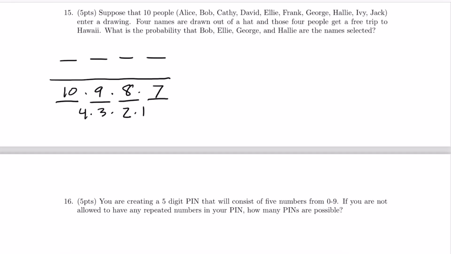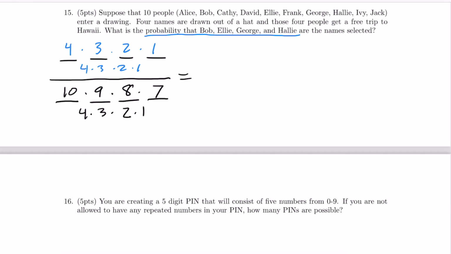Then if I specifically want to find the probability that I choose Bob, Ellie, George, and Hallie, I could choose any one of them to be the first person, any of the 3 remaining people to be the second, and then 2 and 1. And again, the order doesn't matter, so you would divide by 4 factorial. And when you multiply all of those out, the top number ends up being 1, and the bottom number ends up being 210.